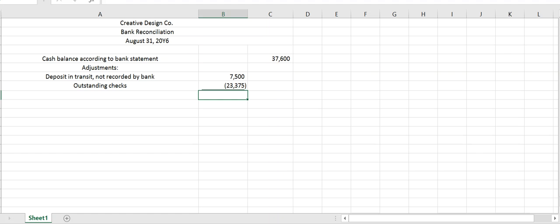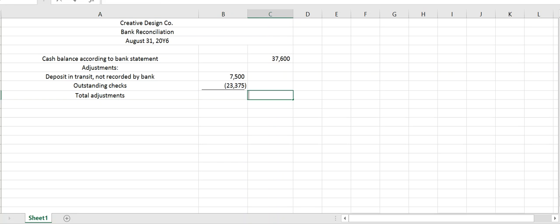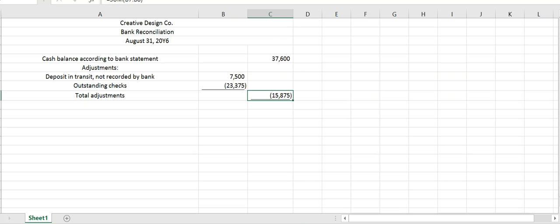So we're going to net these two numbers out to get our total adjustments. So in total, we have to adjust our bank statement balance down by $15,875.